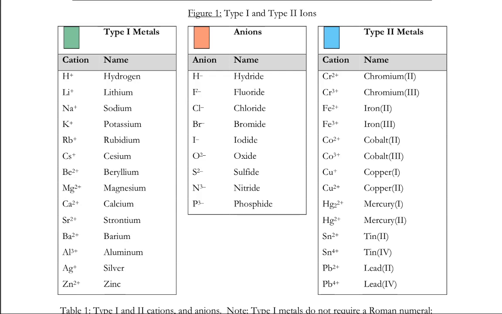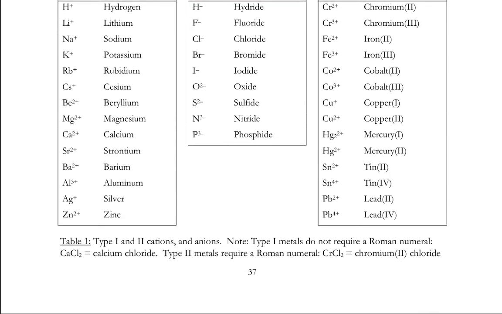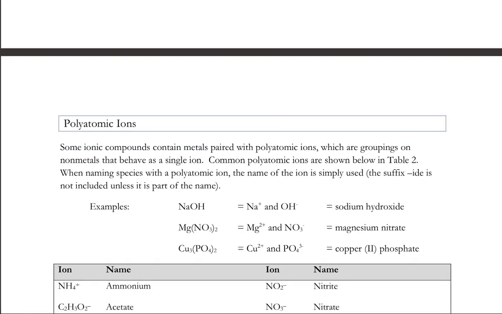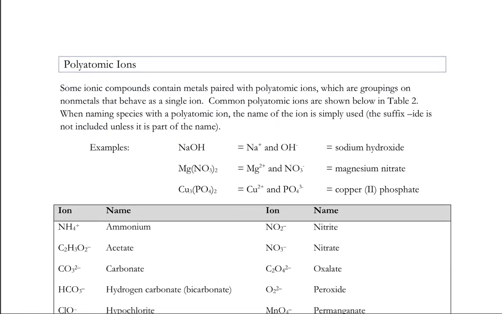The anions that are the simple anions, hydride, fluoride, chloride, so they're just composed of one element, we give the root name from the periodic table, like for fluoride, fluor, chloride, chlor, and then we have the ending IDE. So we put that together, naming the cation, naming the anion.